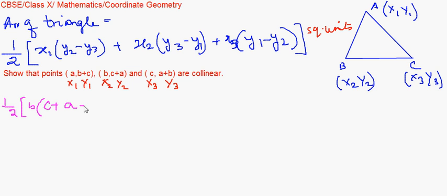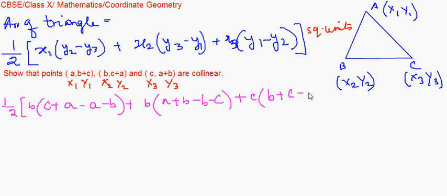Now if you remove the bracket, I'll get minus A minus B plus x2 is B and y3 is A plus B. Again the same, I'll change the signs, plus x3 is given by C, y1 is B plus C minus C minus A. Let us see, this gets cancelled, this gets cancelled, even this gets cancelled.